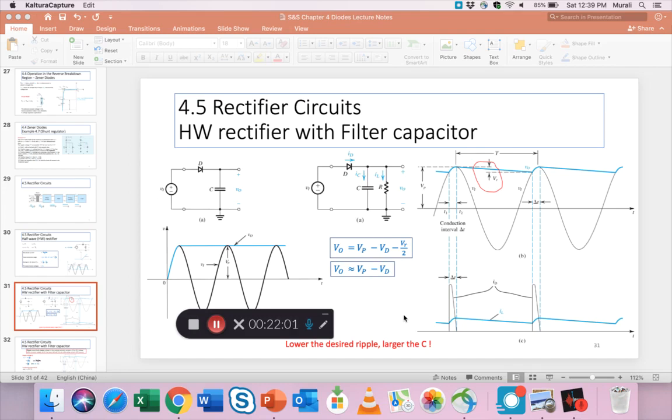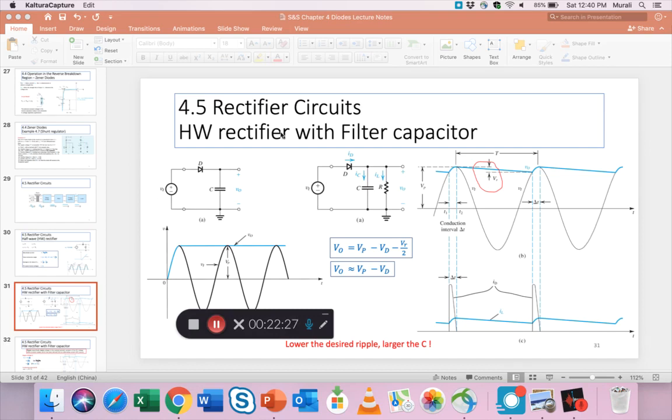Then a couple of formulas in the middle there which are important, again from the point of view of solving problems. The V output is shown to be V peak minus Vd minus Vr by 2. So Vp, remember I said the input voltage is generally shown either with a Vs or a Vp.